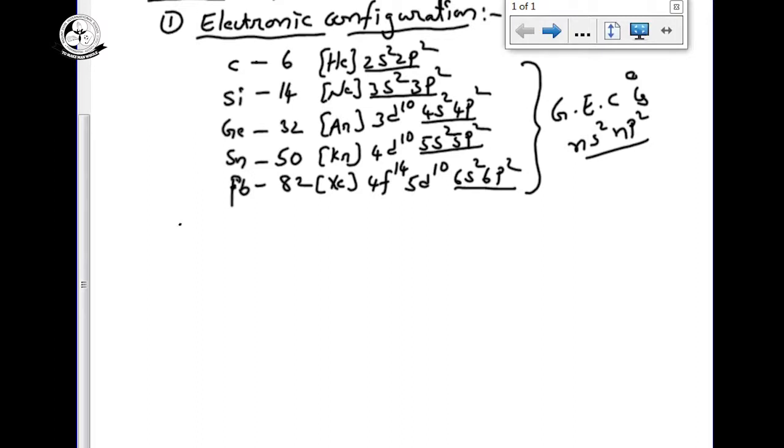Next, second one is occurrence, where this group of elements are available.